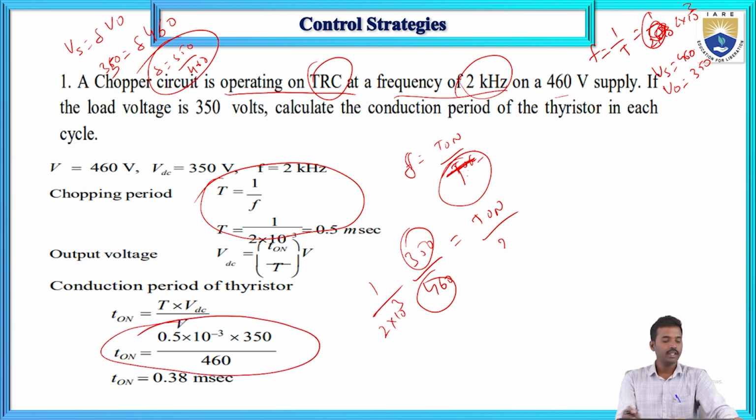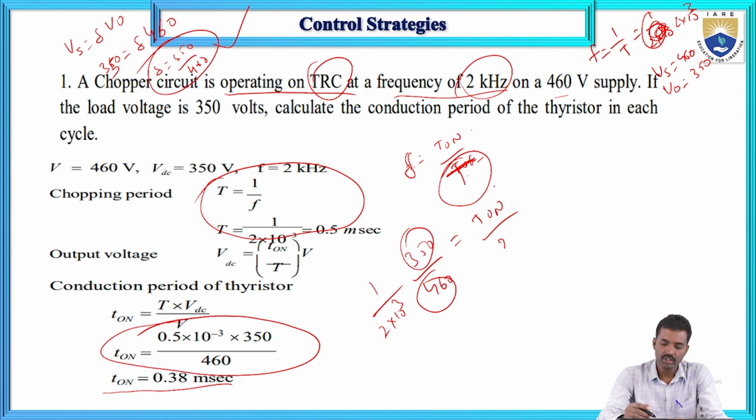So the T on time here is 0.38. First you have to calculate the output voltage; the input voltage is given, the output voltage is given. From this calculate delta. Delta equals T on by T, and T means frequency: f equals 1 by T, that equals 2 into 10 power 3.